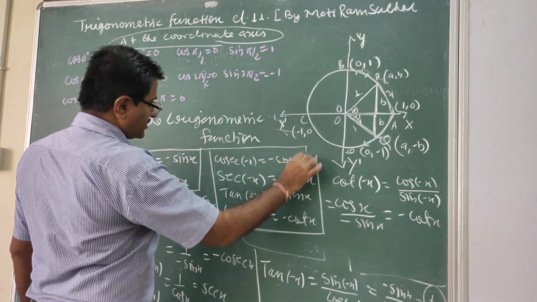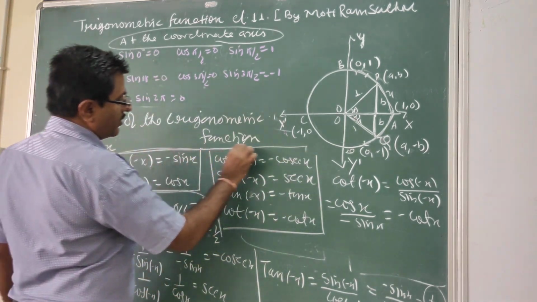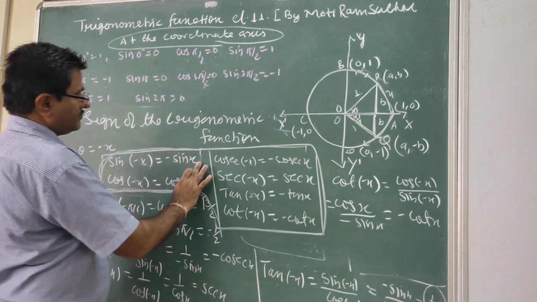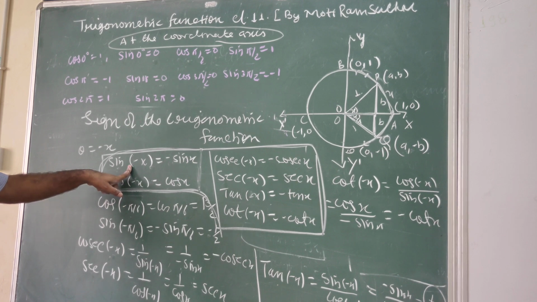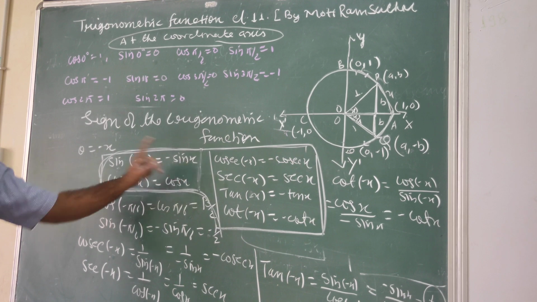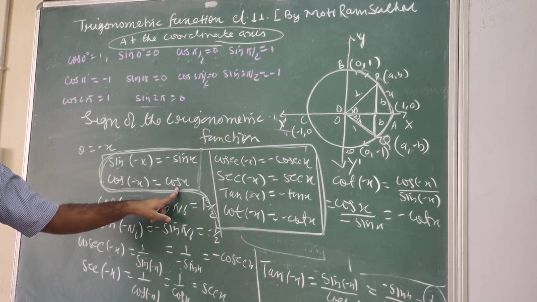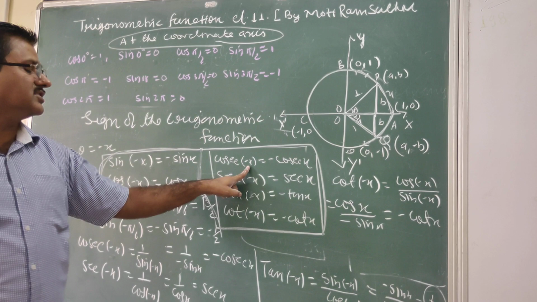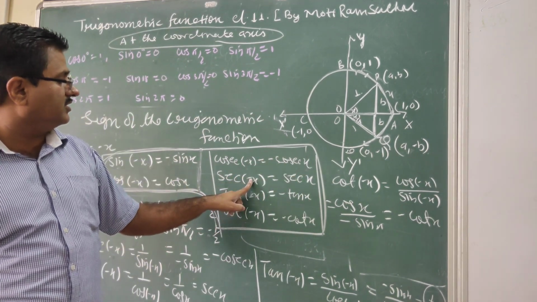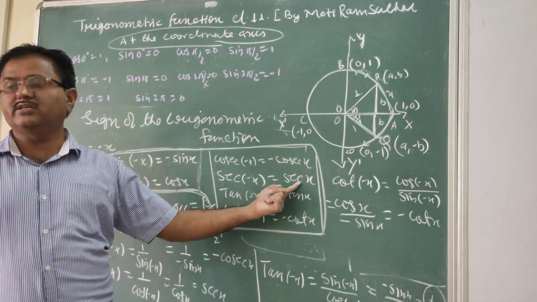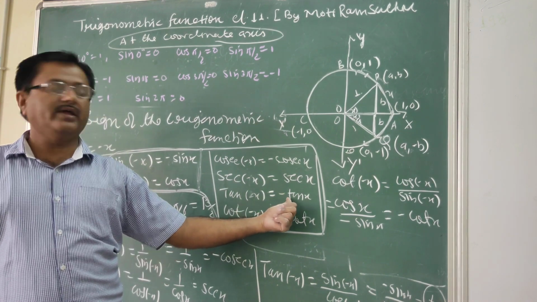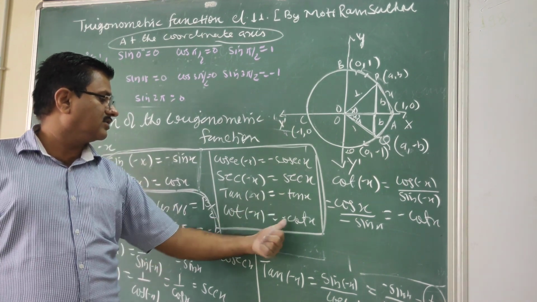So these all 6 trigonometric ratios are very important. Clear? So we can summarize them: sin minus theta equal to minus sin theta, cos minus theta equal to cos theta, cosec minus theta is equal to minus cosec theta, sec minus theta equal to sec theta, tan minus theta equal to minus tan theta, cot minus theta equal to minus cot theta.